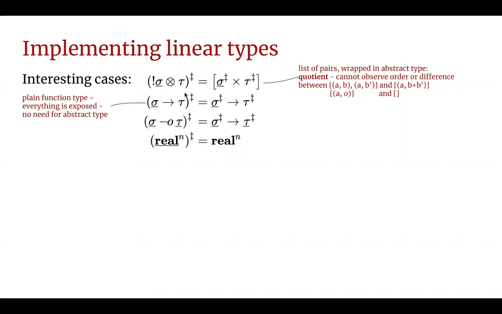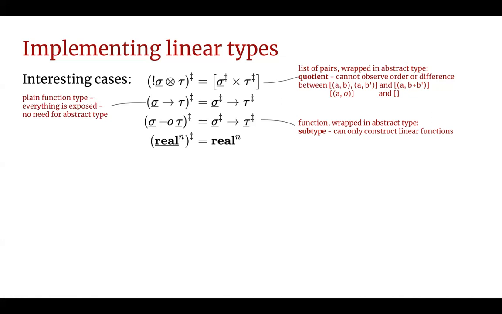Then we needed a power type. Powers we can implement as ordinary function types in our implementation. That's fine. We don't need to use an abstract type even. Everything can be exposed. Then we had linear function types. In this case, what we're really doing is working with a subtype of an ordinary function type. Again, we can work with an abstract type that makes sure that we can only ever build functions that respect linearity in this type.